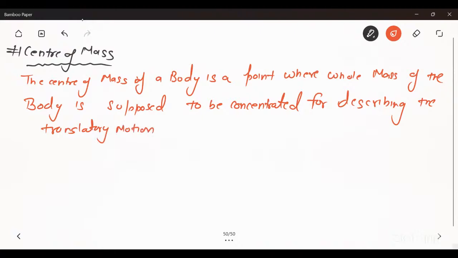So generally the center of mass is a point where the whole mass of the body is supposed to be concentrated. It can be at any point where the whole mass is supposed to be concentrated. The next point is the center of gravity, where the whole weight of the body is concentrated.